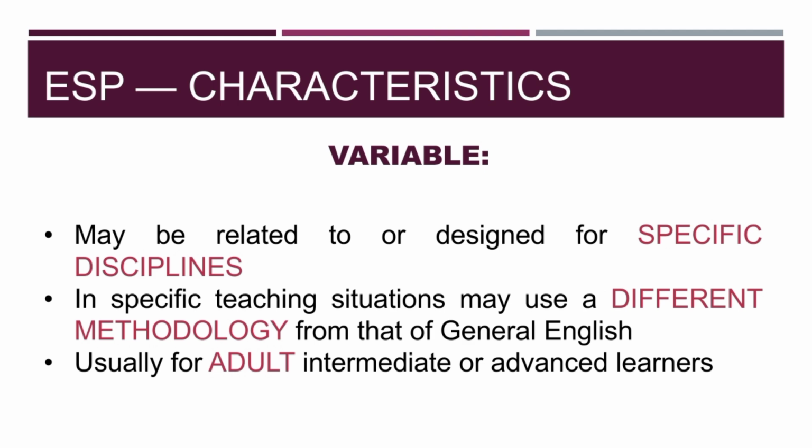The ESP courses use methodologies that are specifically designed to meet the needs of learners in a particular context or discipline. And also, ESP instructors are flexible and adaptable, using a range of methodologies to meet the diverse needs of learners.